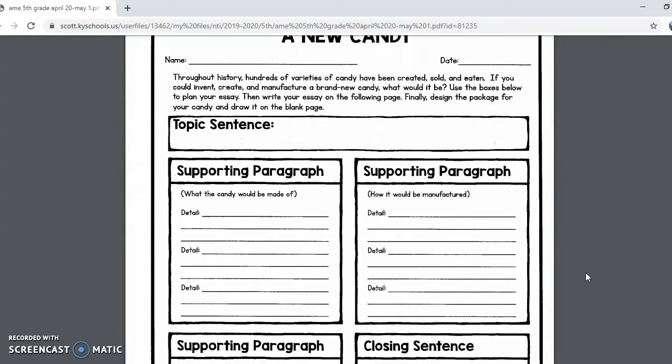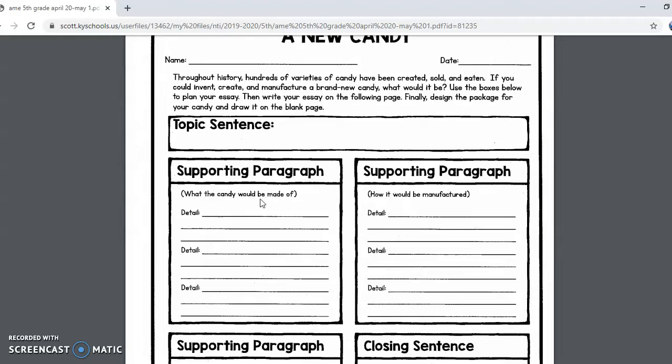Yesterday you should have written your introductory paragraph. Today you are writing your first paragraph about what the candy would be made of. With that, they want you to do a fact, statistic, example or flashback to talk about that.